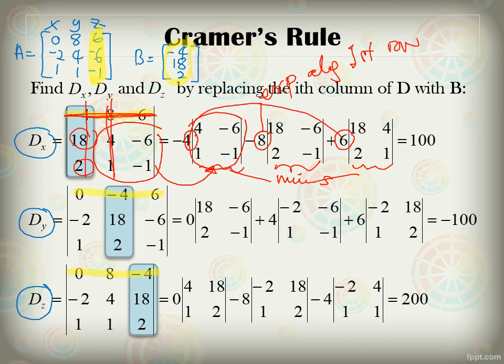So I take all the elements of the first row: this, that, and that. While the signs of minus and plus here came from plus, minus, plus. We can't see anything there because I deleted too much.